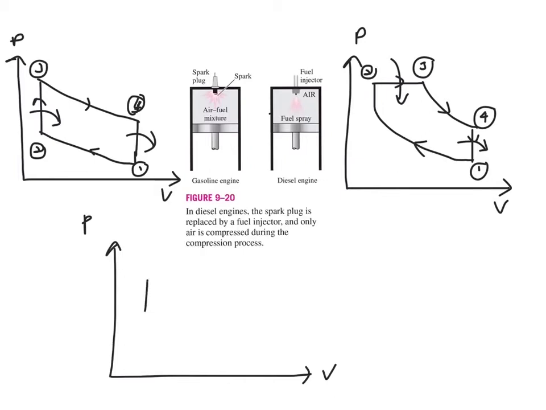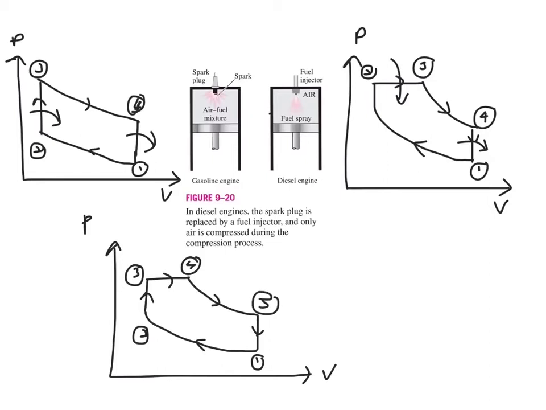So you have two times heat addition, which is happening in between 2 to 3 and 3 to 4, and the heat rejection will be 5 to 1.